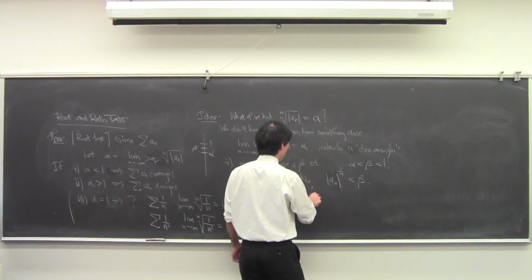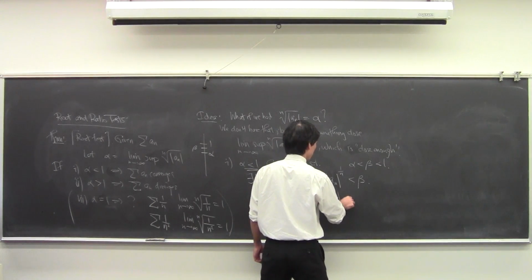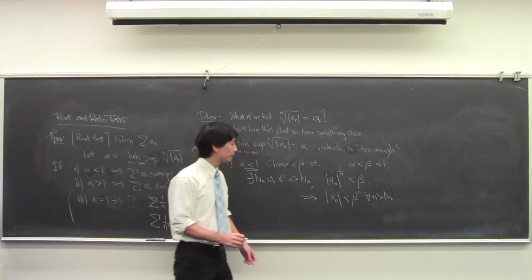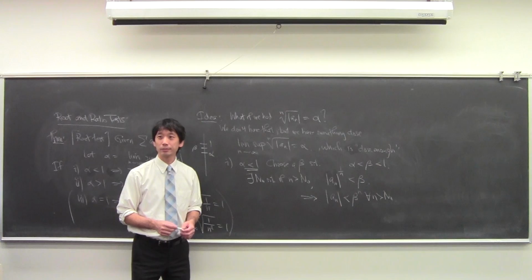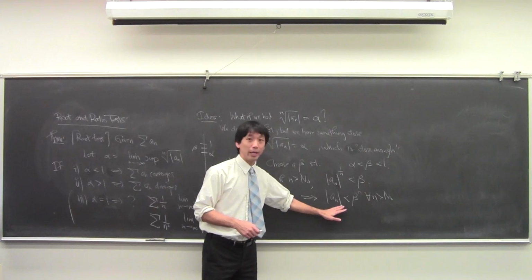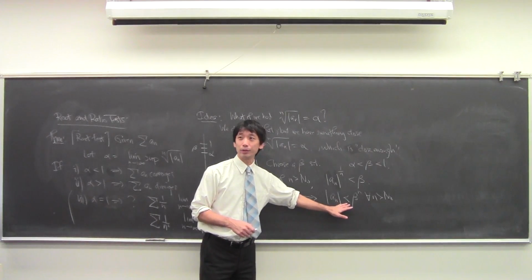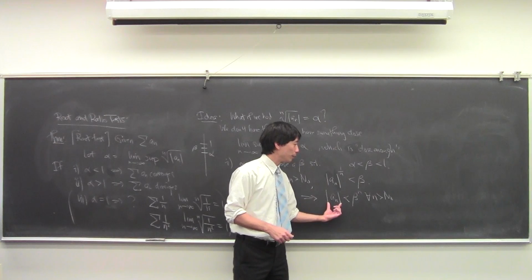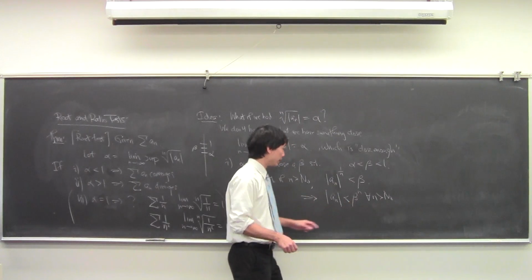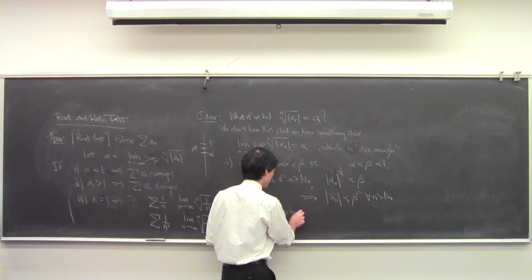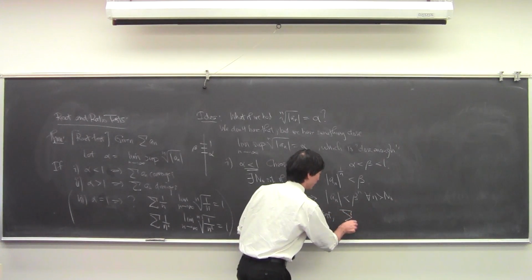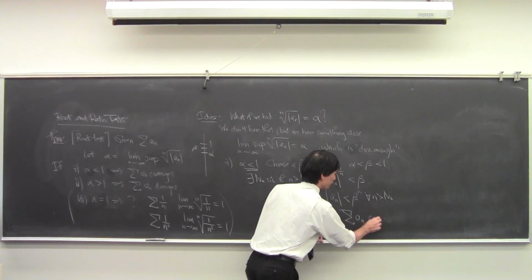In other words, a sub n is less than beta to the n for all n bigger than that n naught. And that does it for us. We have convergence because all the terms are less than the terms of the tail end of a geometric series. So by comparison test, summation a sub n converges.